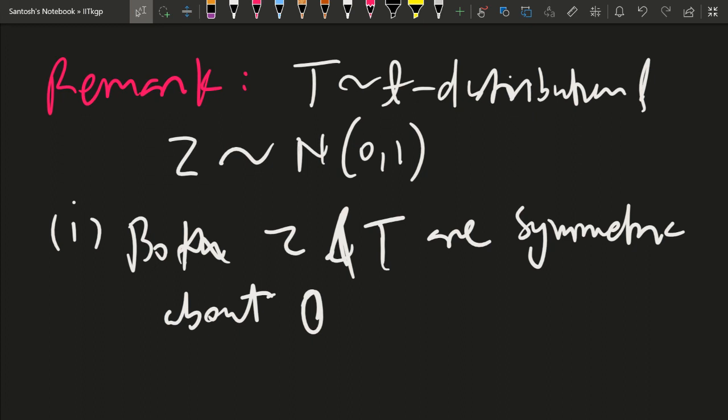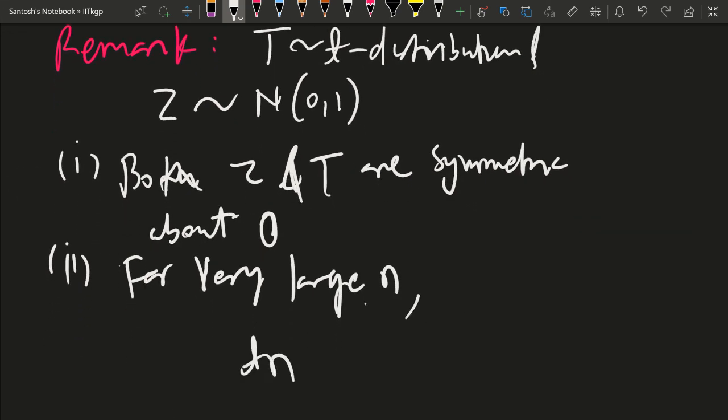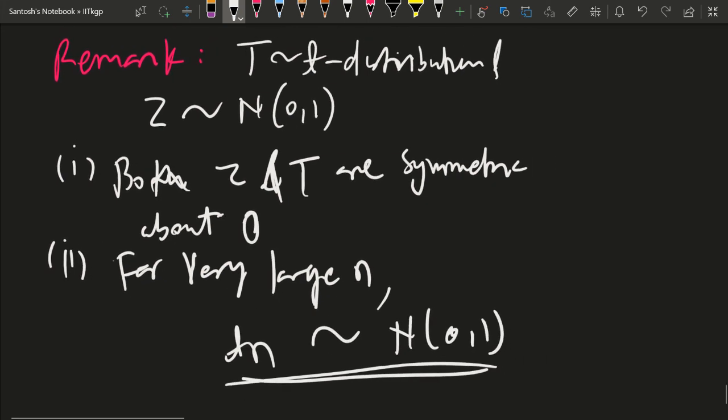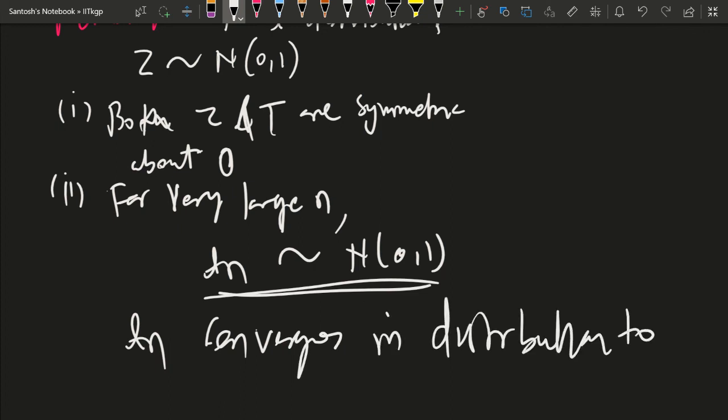For large values of n, the t distribution will behave like normal 0, 1. In the strict probability sense, you can say Tn converges in distribution to normal 0, 1.